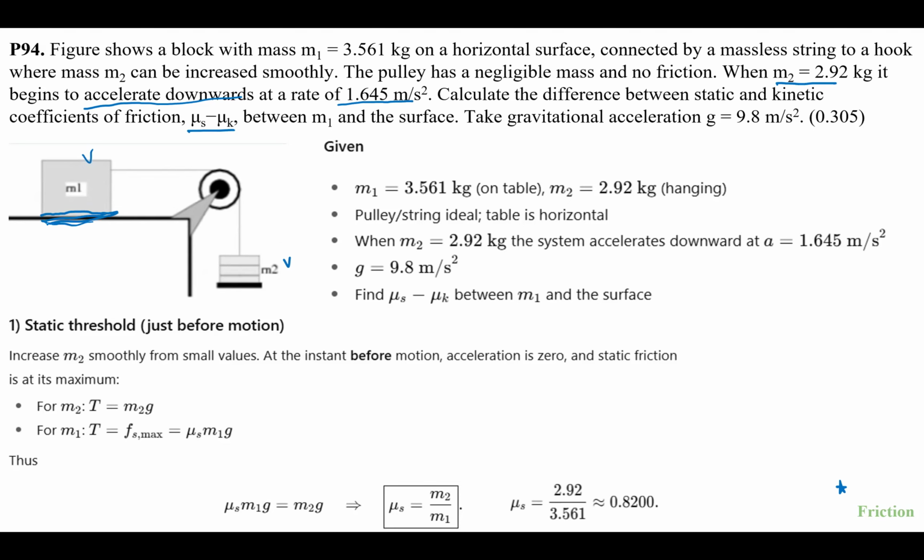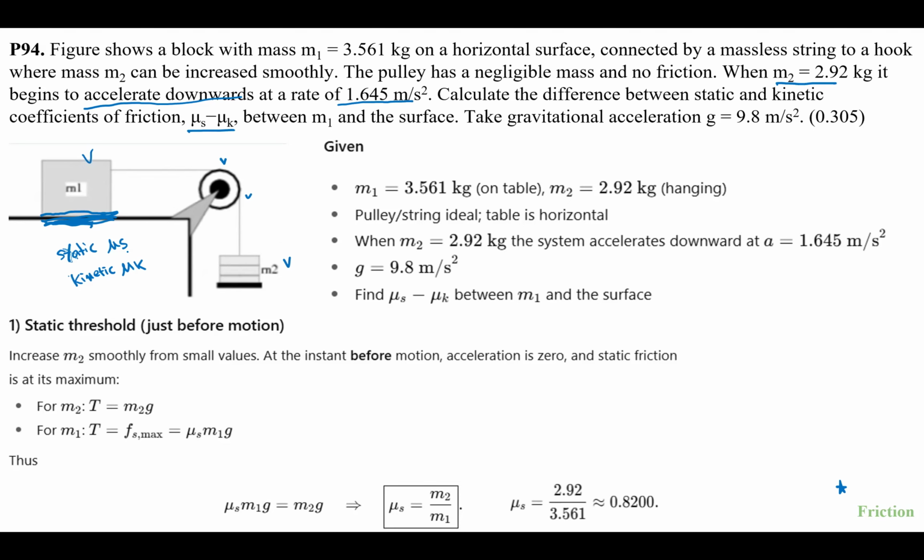Note that there is no friction here, no friction here. The only friction you can think about is between M1 and this horizontal surface. As you might know, there is static friction, which is μs, and kinetic friction, μk.